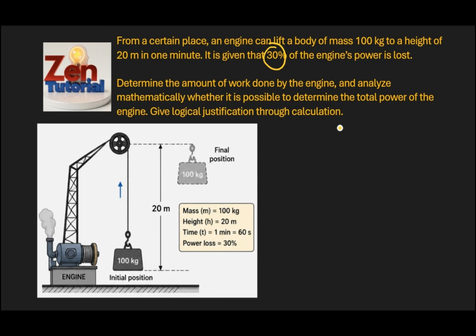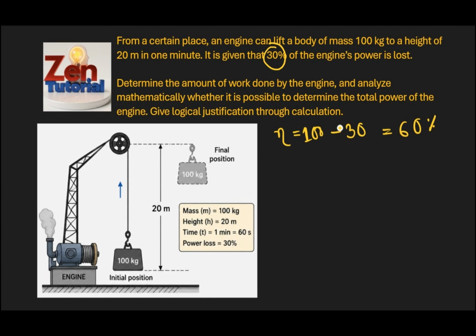So if the lost power is 30%, the efficiency will be 100 minus 30%. So the efficiency is 60%, right?